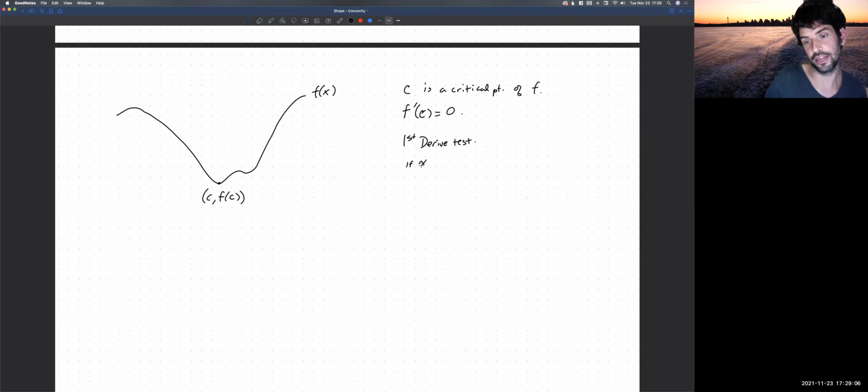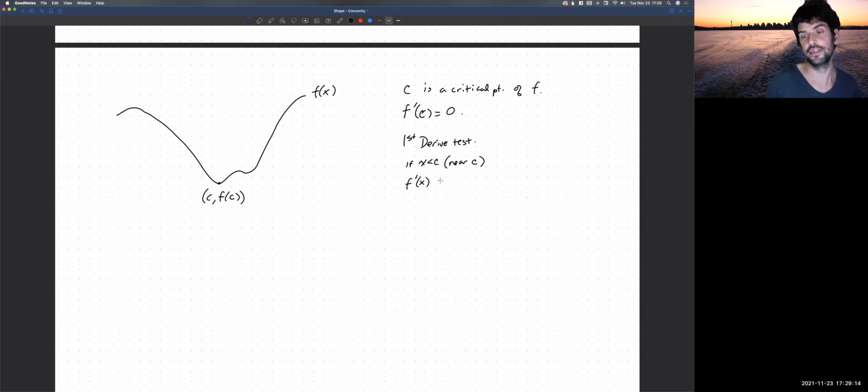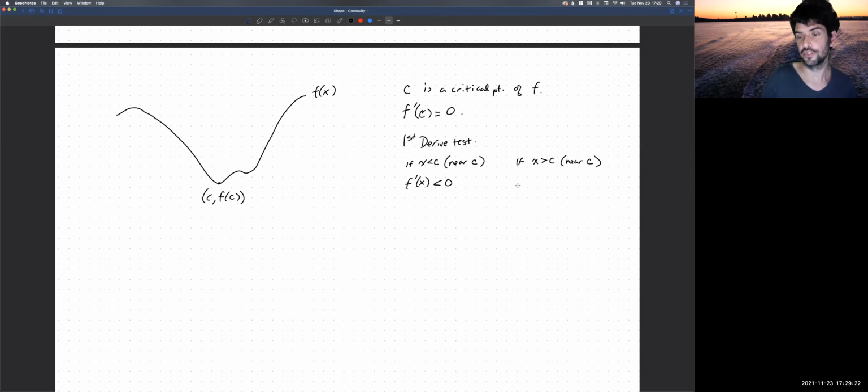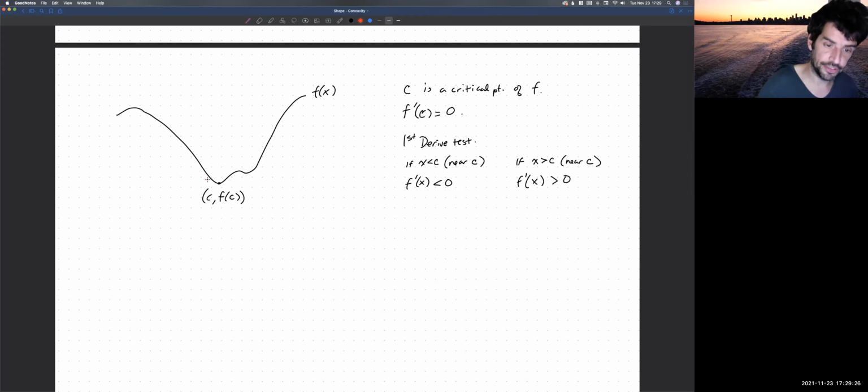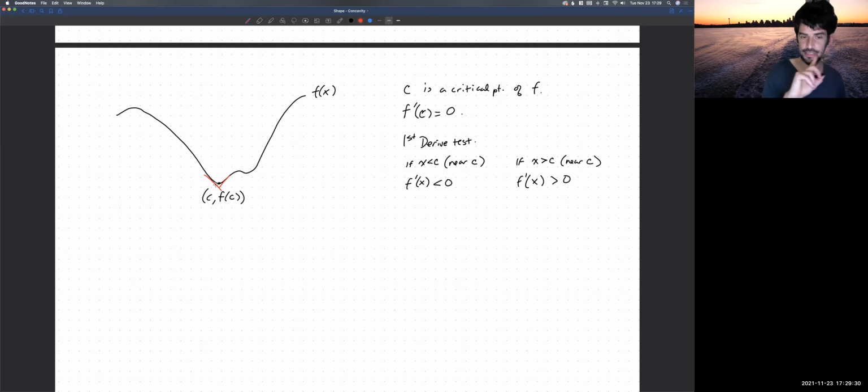So if x is less than c, near c, it looks like f prime of x is negative. And then if x is greater than c, but still near c, it looks like the derivative is positive, right? I'm just imagining what tangent lines might look like. To the left, they're sloping down. To the right, it looks like they're sloping up, at least nearby.